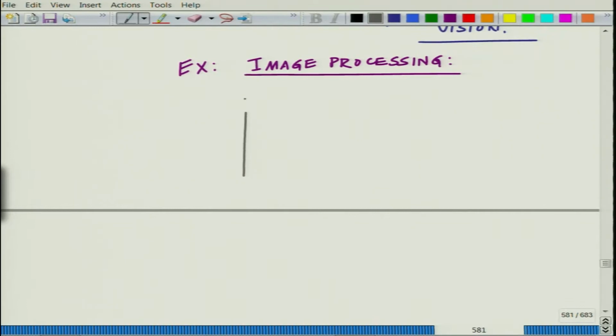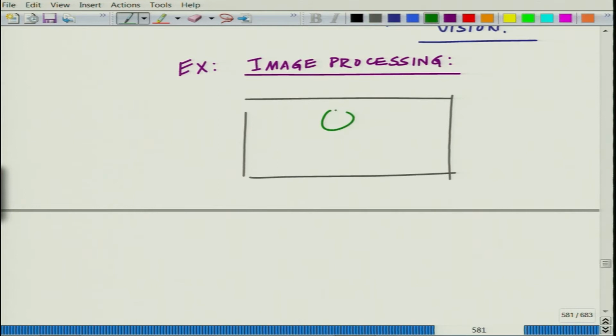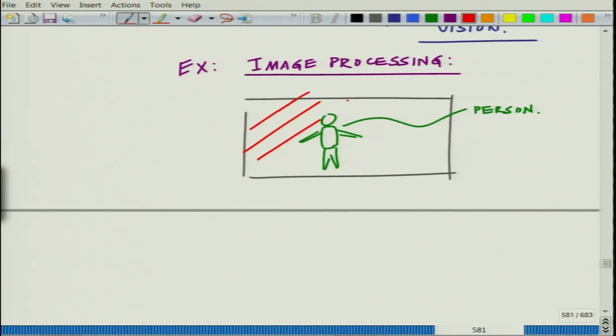Let us say you have an image, and you have my cartoon figure of a person, so this is your person and the rest is essentially your background.